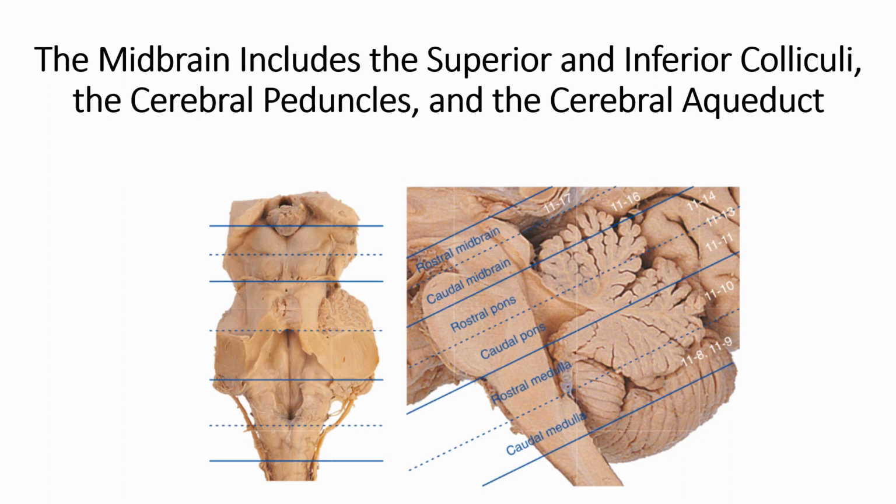So this is dividing up what we call caudal medulla from rostral medulla versus caudal pons, rostral pons, caudal, rostral. So just kind of breaking it up in halves, and which one's towards the tail and which one's towards the nose. Okay, so caudal towards the tail, rostral towards the nostril, exactly.